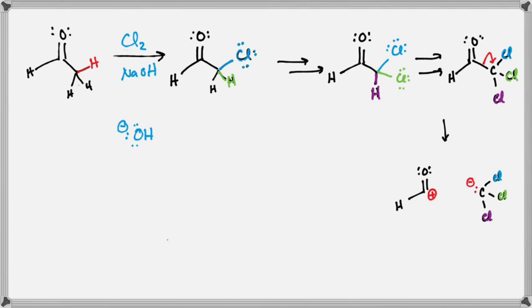Is that the only chemistry available to a negatively charged species? It can act as a nucleophile as well. So what could it potentially do? It could nucleophilically, ooh, that was really ugly, maybe do something like this.